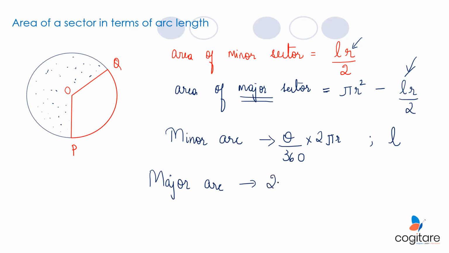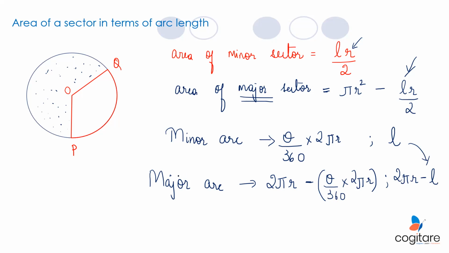You know r, so it is the circumference 2 pi r minus the minor arc, or it is 2 pi r minus length of the minor arc. So again, in questions, be mindful of whether you're asked to find the length of the minor arc or major arc, and whether you're asked to find the area of the minor sector or major sector.